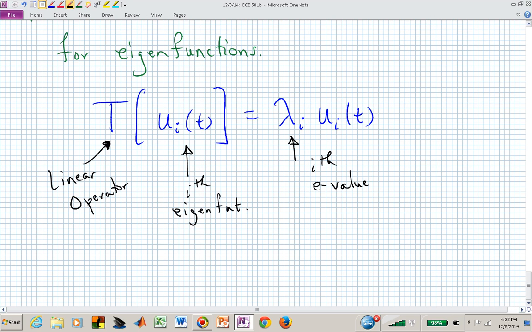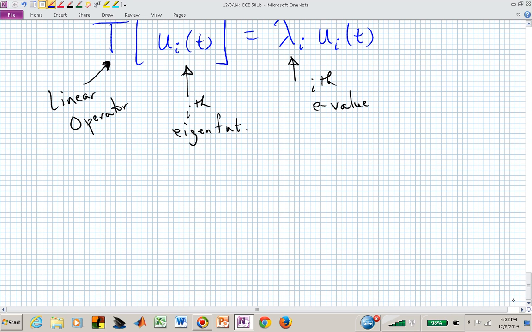And to talk about this, let's look at something that I'm assuming we are all somewhat familiar with, which is convolution.